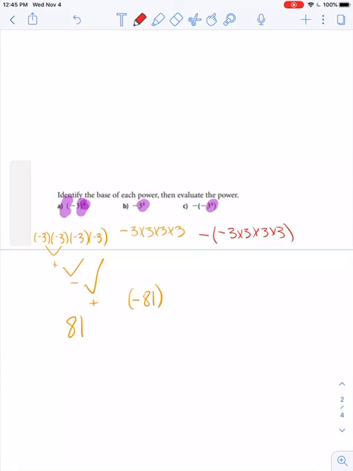Now we've seen that 3 to the power of 4 gives us 81, but I have my negative, so it would be negative 81 in the bracket, and I still have a negative in front of the bracket. When I have a negative in front of the bracket, it's like an imaginary negative 1, and we would multiply. Negative 1 times negative 81 would give us positive 81.